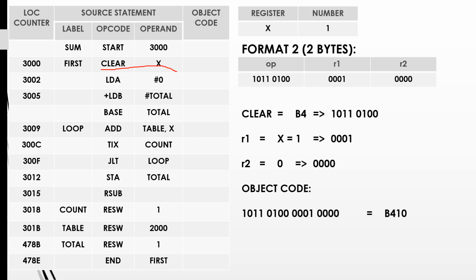For register 1, the X value is 1. We have to remember it. The value is 0001, and there is no second register, so the value is 0000. Then the total object code we will get as 1011 0100 0001 0000, that is equal to B410.